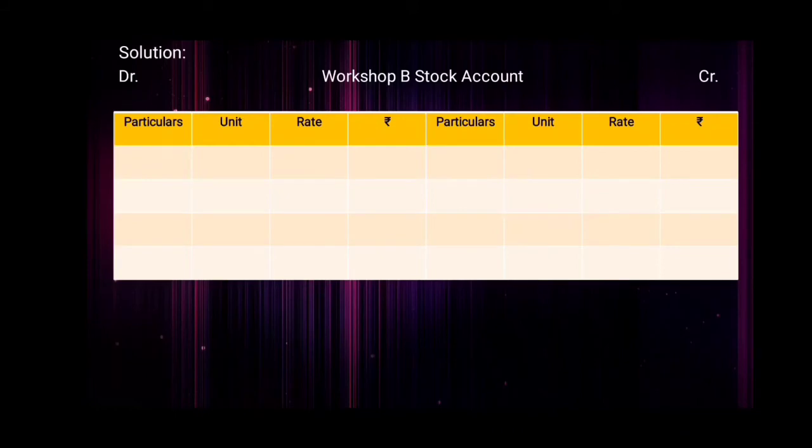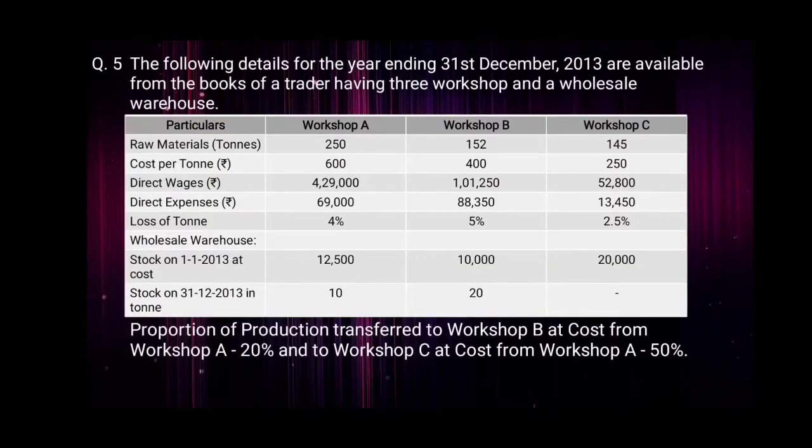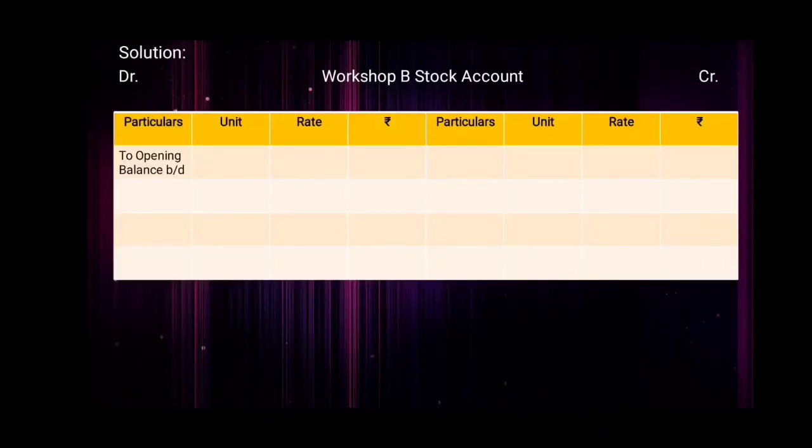Now let us prepare workshop B stock account. Stock on 1/1/2013 at cost for workshop B is given as 10,000. To opening balance brought down, 10,000.